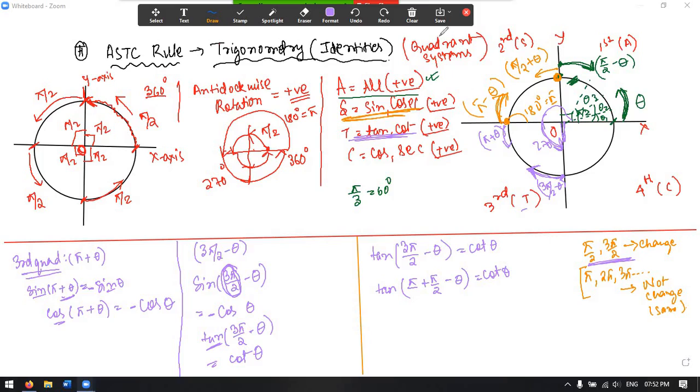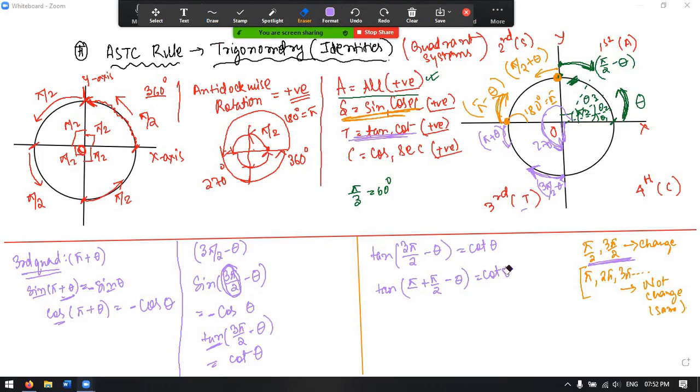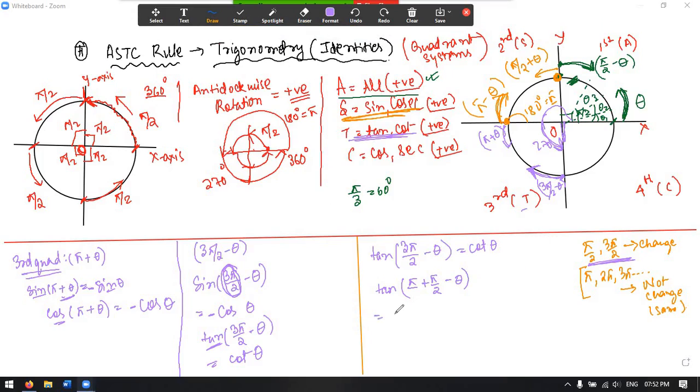Pi plus pi by 2. So I can rearrange this as pi by 2 plus pi minus theta. Clear? So this is pi by 2 plus something, which means cot of pi minus theta, and pi by 2 plus something is in the second quadrant, so this will be negative.